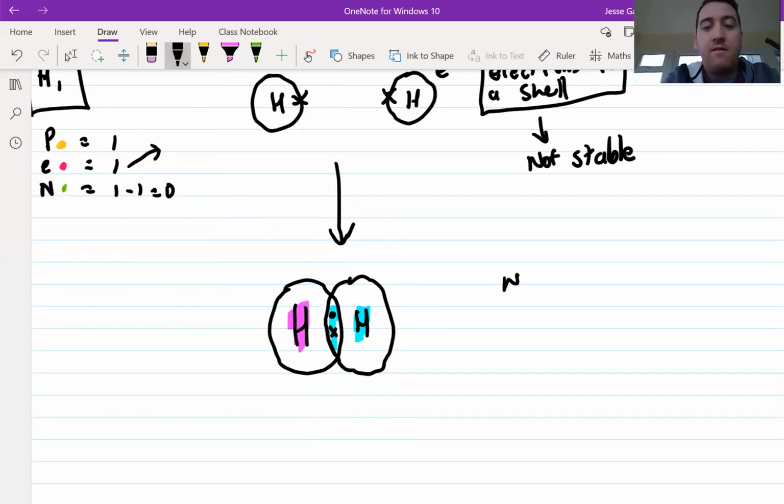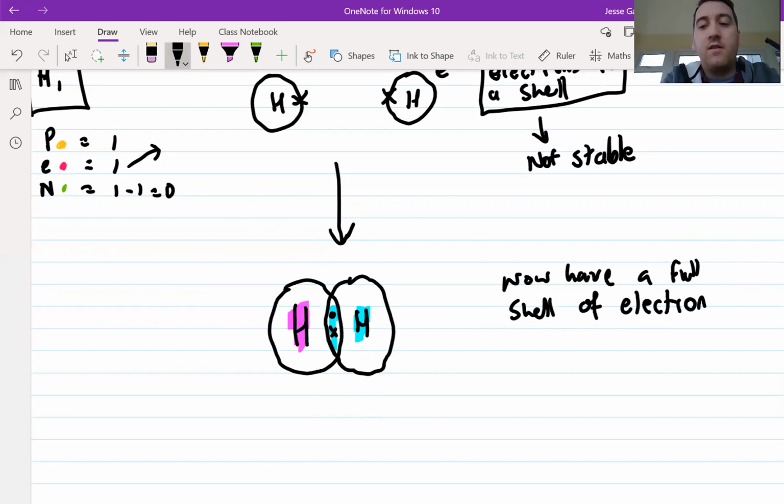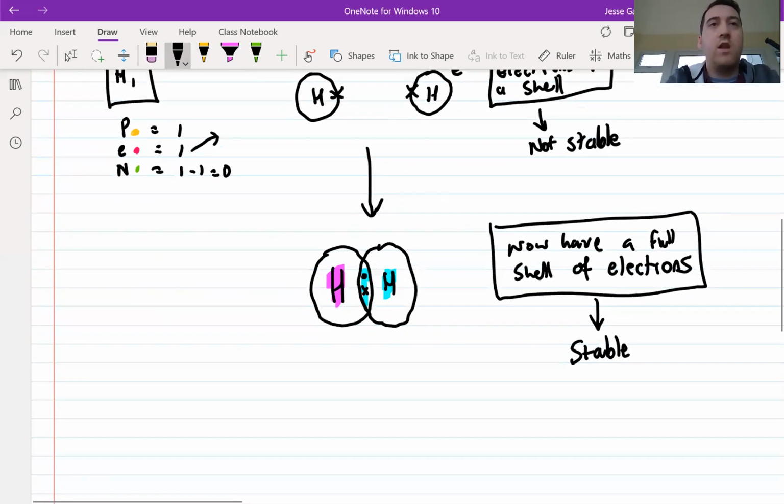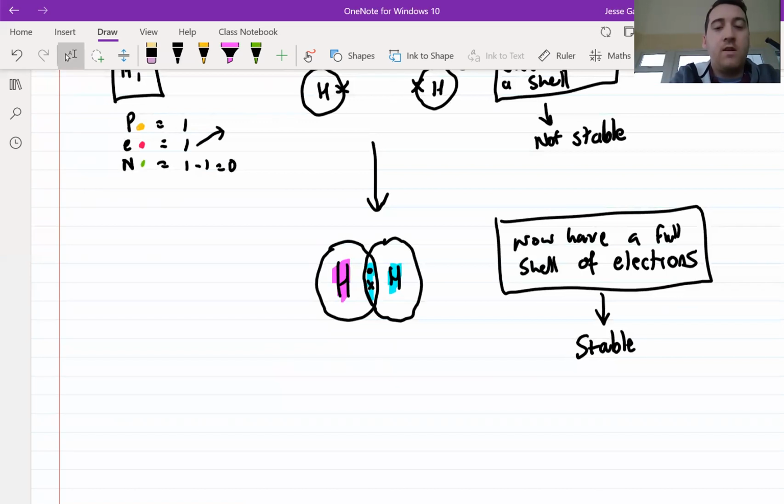So each of them now has a full shell of electrons in that first shell. Together, we say they are stable. They wouldn't be stable if they were on their own. They're only stable when they're together. This shared pair of electrons in the middle is what we call a covalent bond.